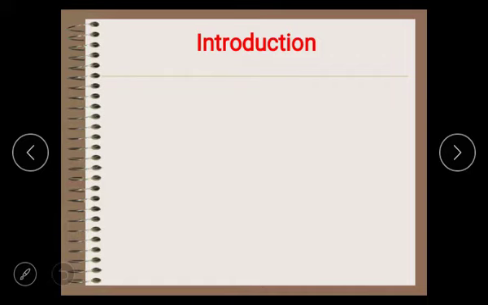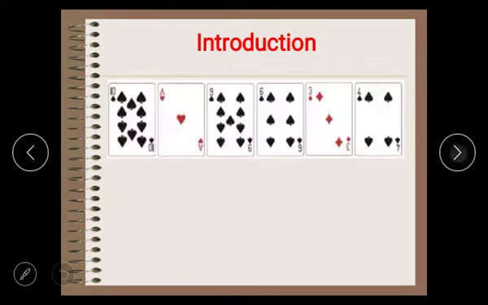Now we will see some examples where we use sorting. For example, when we play a card game, even though we have a small number of cards in our hand, we would like to keep our hand of cards sorted, either in increasing order or in decreasing order.